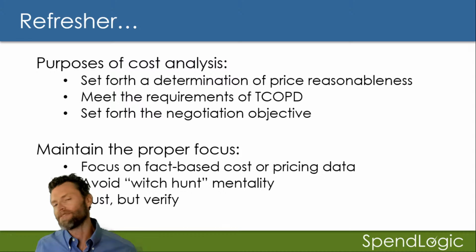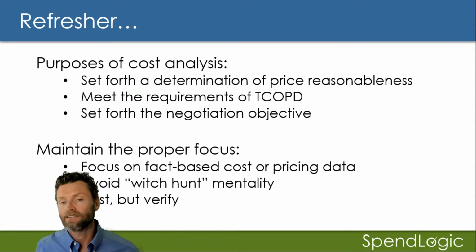When certified cost or pricing data is required, then you have to do a cost analysis. There are exceptions in the FAR. We talked about that last time. And last but not least, it's to set forth your negotiation objective, right? It is not justifying something that is done behind you. It's not justifying the price that is proposed. It's analyzing the cost data so that you can come up with an objective of what is fair and reasonable so that you can get into negotiations, okay?